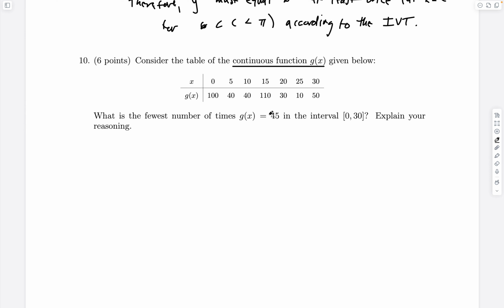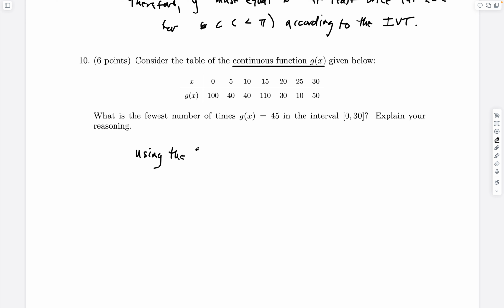The only theorem we have that can verify whether a height is supposed to occur is the intermediate value theorem. It's going to tell us if there is an intermediate value between two other values, okay?